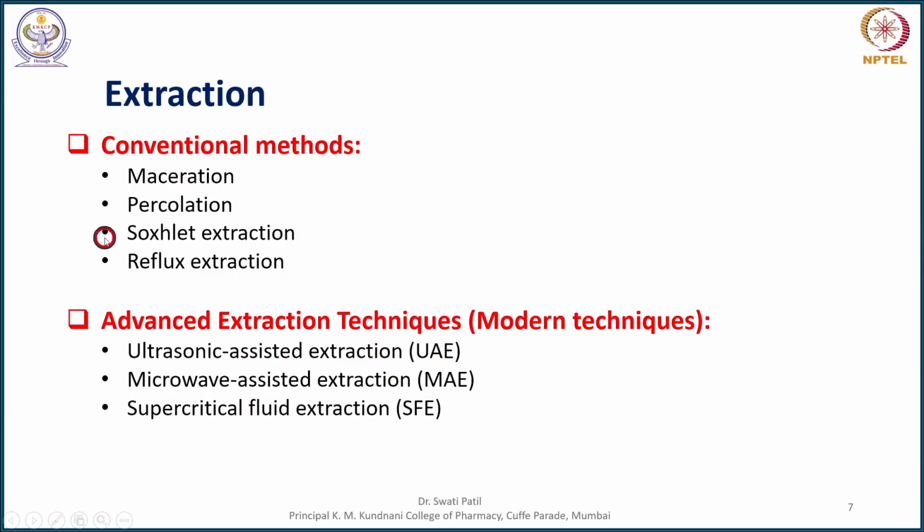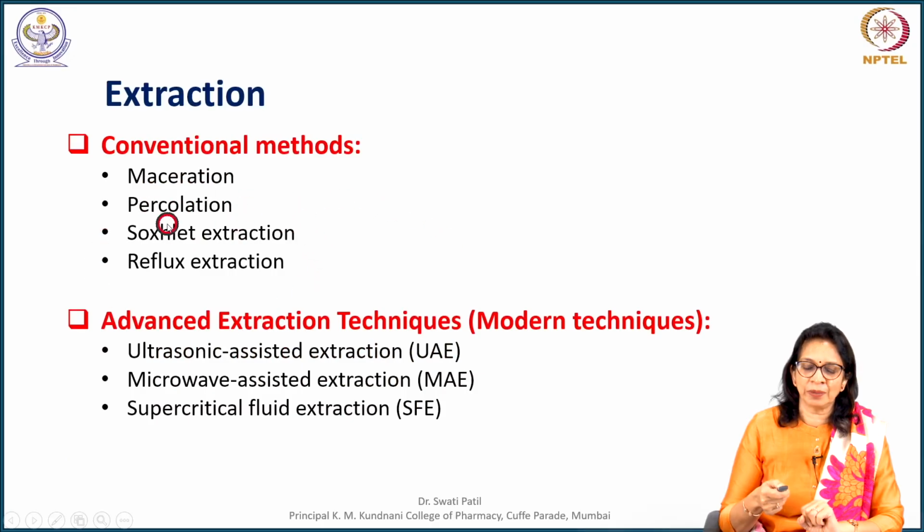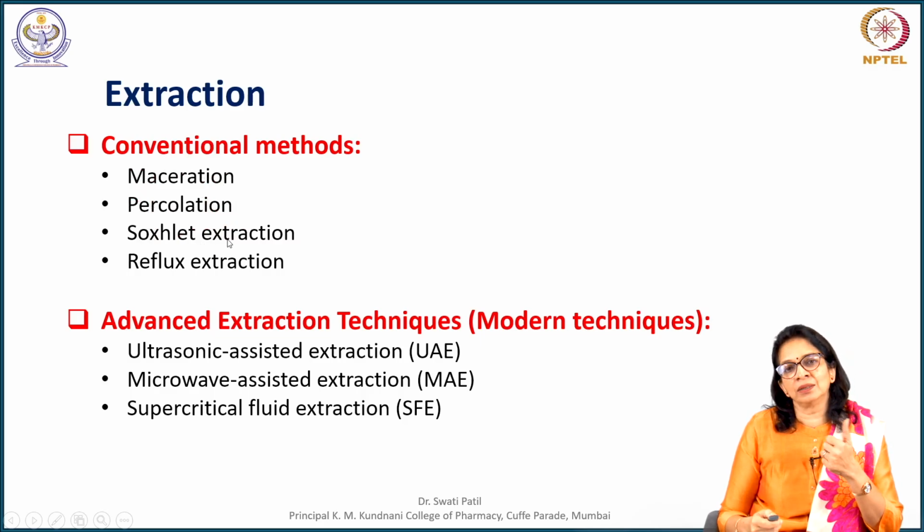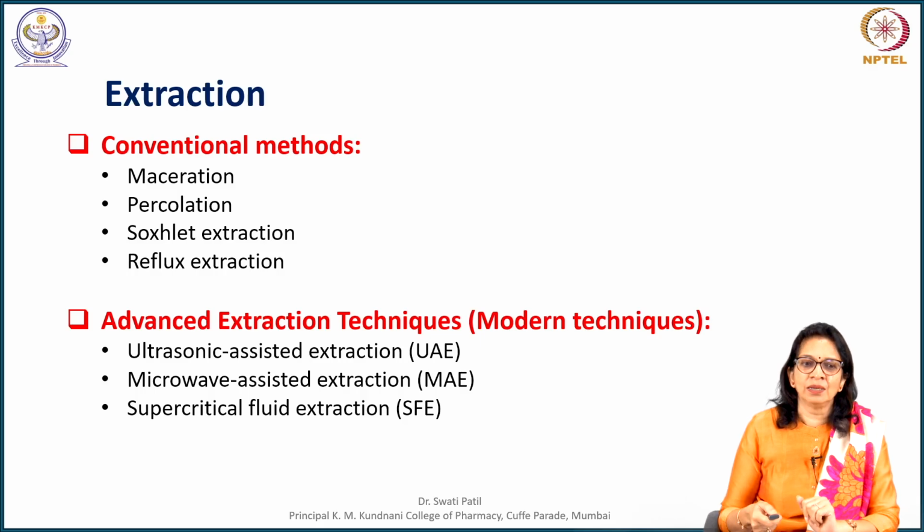The conventional methods of extraction are maceration and percolation, and most of the indigenous systems of medicine use only maceration or percolation as extraction methods, using natural solvents like water, milk, cow urine or ghee. Soxhlet extraction and reflux extraction are being added to modern day methods of extraction for separating the active constituents.